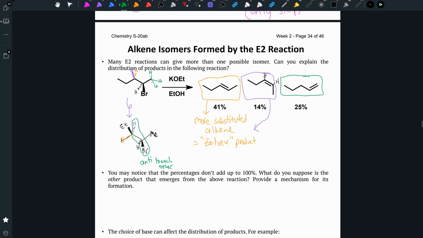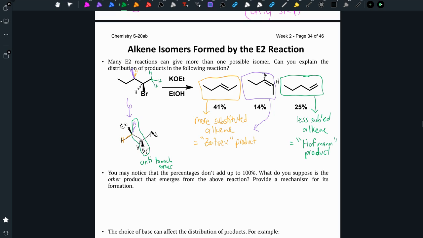And then this green one over here, where I made the less substituted alkene, we call that the Hofmann product. So if you hear anyone talk about the Zaitsev elimination versus Hofmann elimination, Zaitsev basically means we made a more substituted alkene when given the choice.